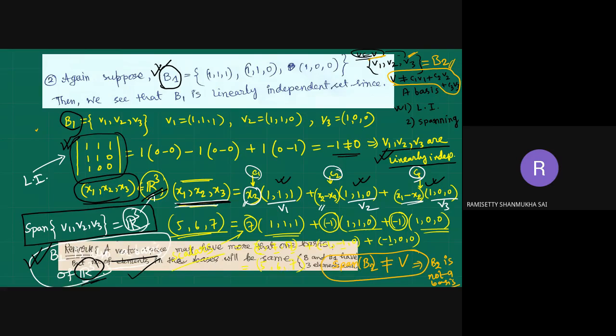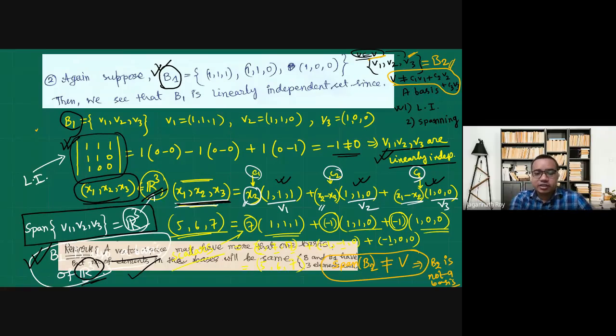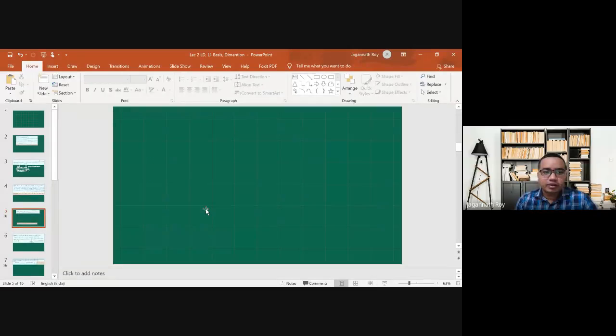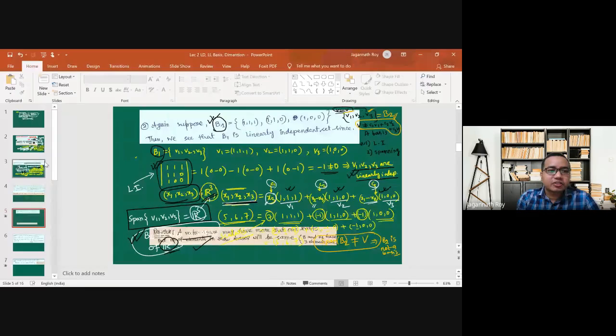Sir, why did we write C2 as x2 minus x3, and C3 as x2 minus x1? Actually, you have to calculate. In the last class we have seen how to calculate these constants.